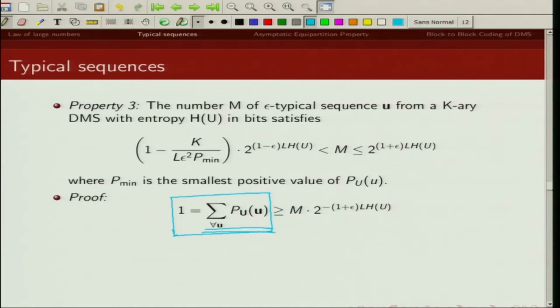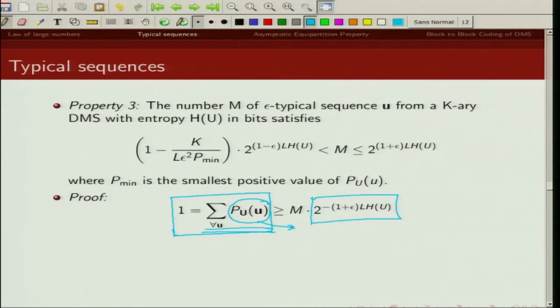Now, using property 1, we have computed a lower bound and an upper bound of P(u). If I replace P(u) by its lower bound, which is this quantity, and sum over all typical sequences, then this summation would be less than 1.